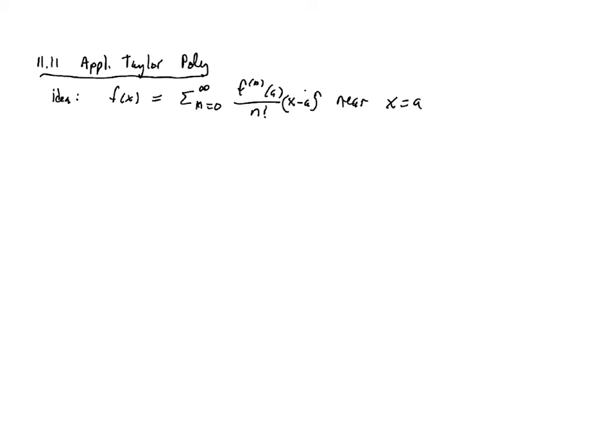So that means that I have a function f of x that's represented as this infinite series near some values of x equals a. And what that means is that the function can actually be approximated by partial sums.